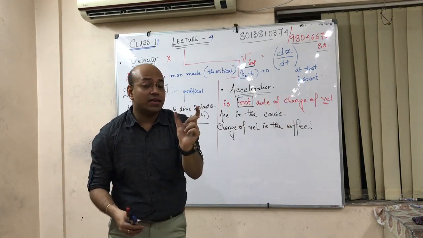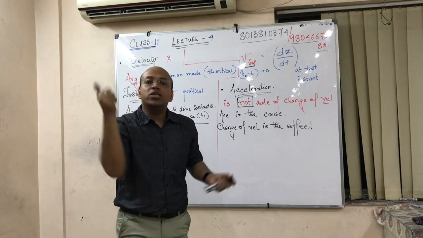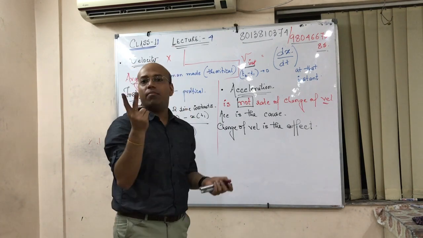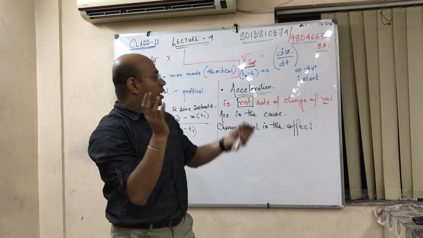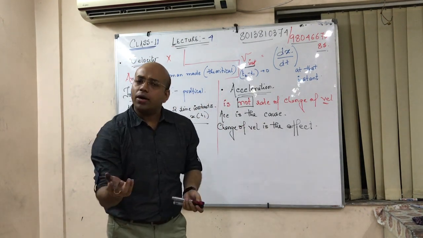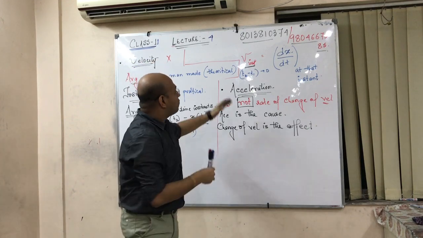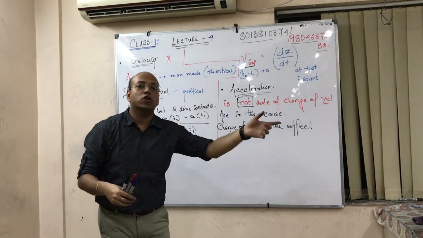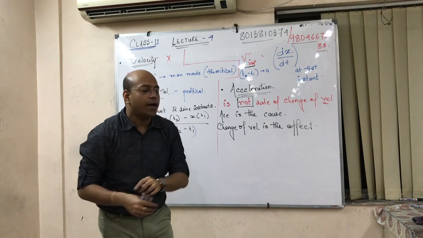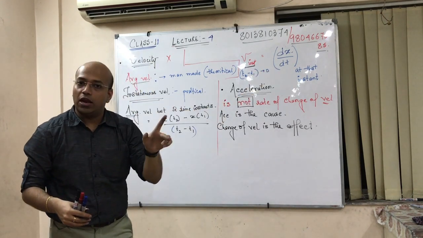How do you measure acceleration? Two ways. If you know how much force is applied, you get acceleration as force by mass. But if I don't know how to calculate the force, then we calculate acceleration by the rate of change of velocity.